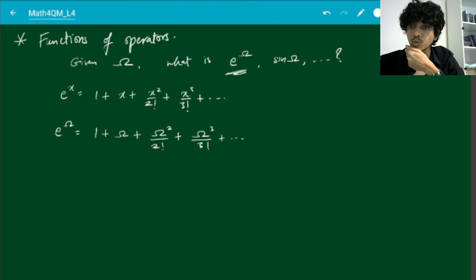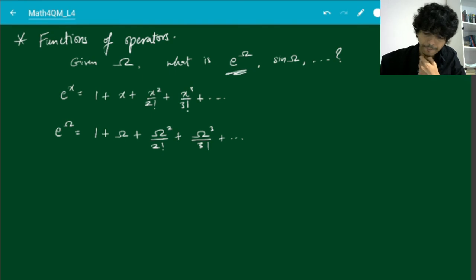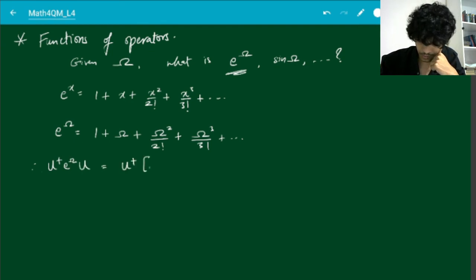So what we can do is the following. Let's multiply on both sides of the equation by u dagger and u. So I'm saying u dagger e to the power omega u is u dagger, well, I'll do it term by term. By the way, I should call this identity.